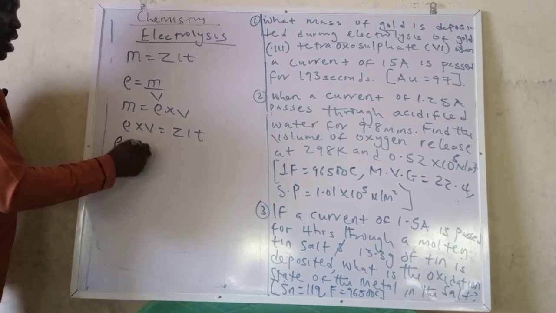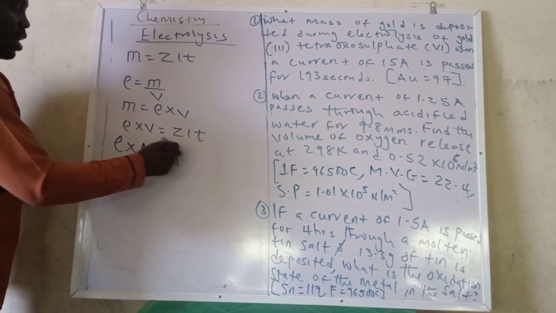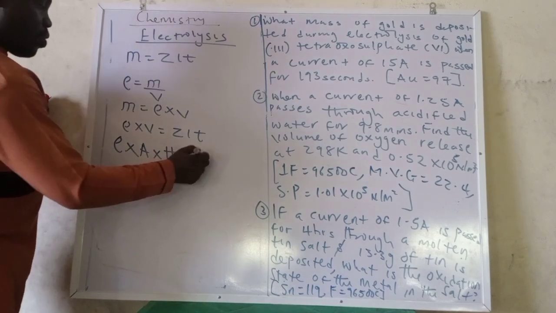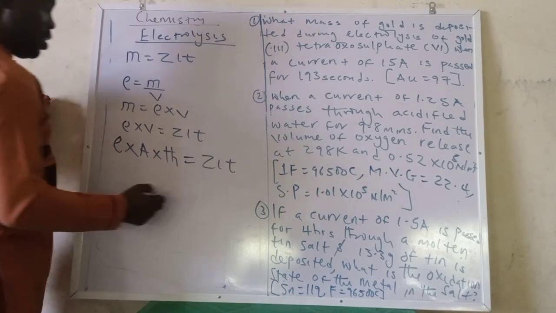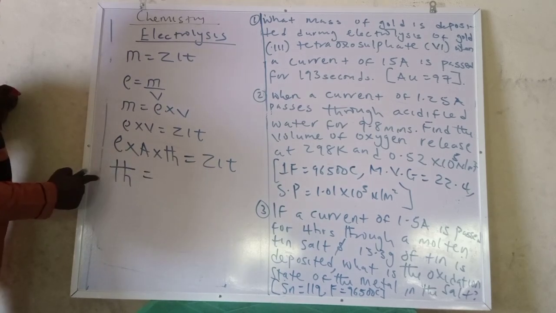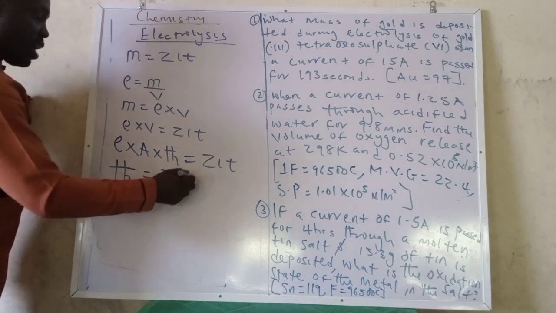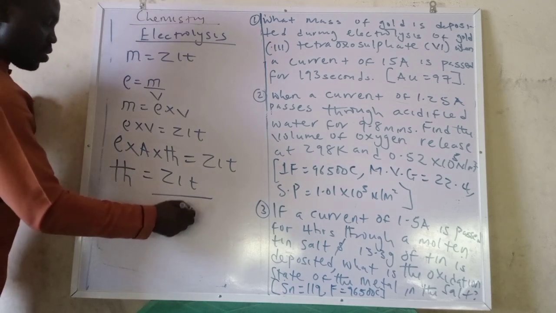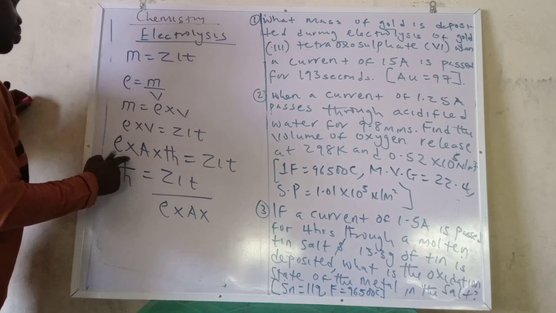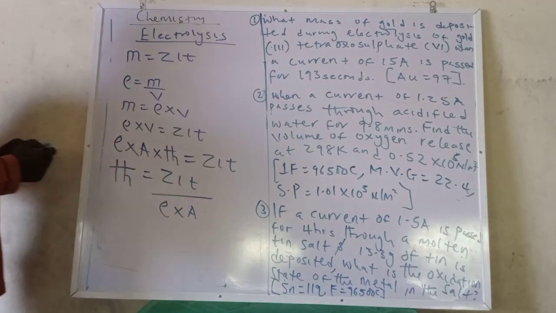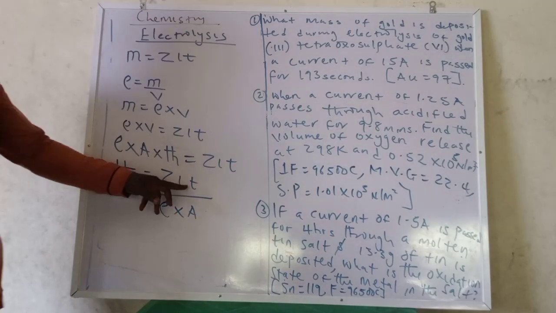What's volume? Area times thickness. Density times area times thickness equals ZIT. In your physics past questions, you can be asked to find the thickness, which will give you ZIT over density times area. You can also be asked to find the time.